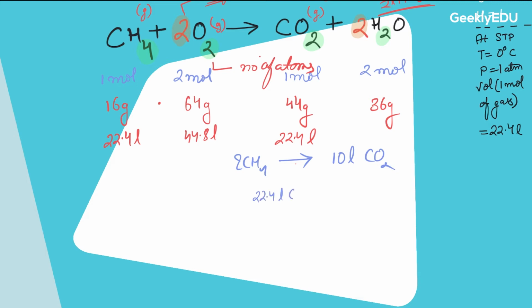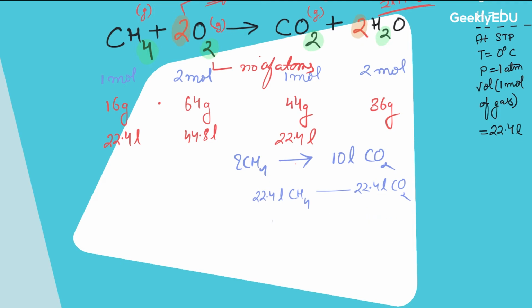22.4 liters of methane gives you 22.4 liters of carbon dioxide. The question was how much methane is required for 10 liters.